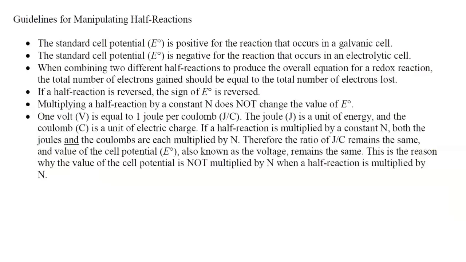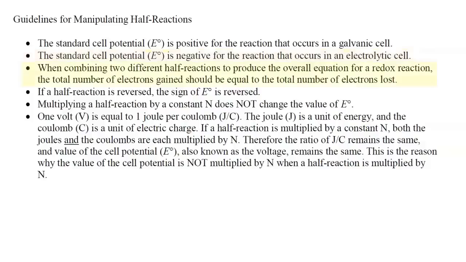All right, so here are the guidelines that I had mentioned earlier when I was solving question 5 in the packet. These are the guidelines for manipulating half reactions. The standard cell potential is positive for the reaction that occurs in a galvanic cell. That's thermodynamically favored. The standard cell potential is negative for the reaction that occurs in an electrolytic cell, which is thermodynamically unfavored.